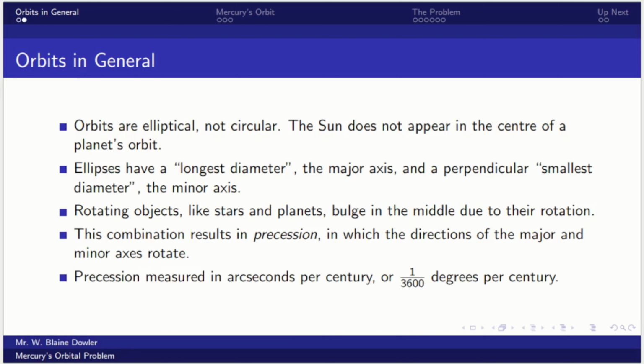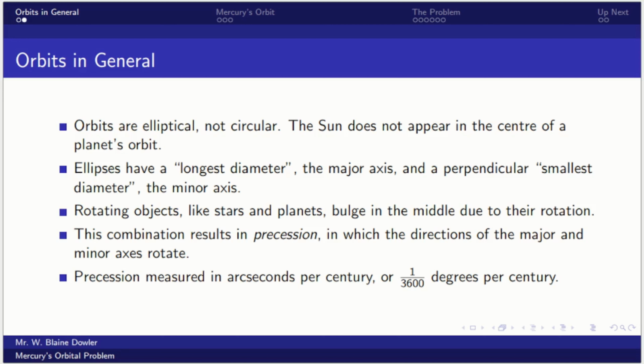This precession is slight. It's usually measured in arcseconds per century. Now, when they first started doing astronomy, they were doing this so long ago they hadn't adopted decimals yet. So they were breaking things into fractions. And they weren't even really thinking of them as fractions, they were just dividing them into more segments.